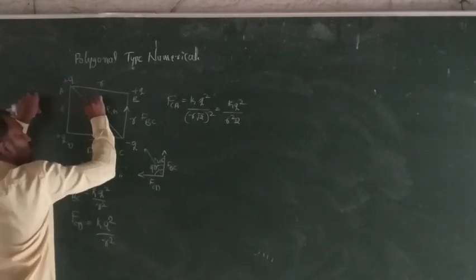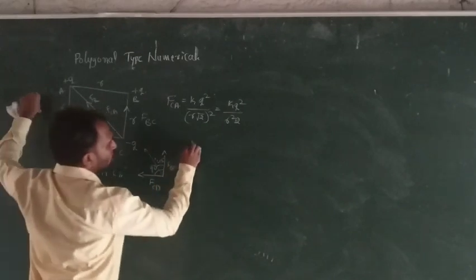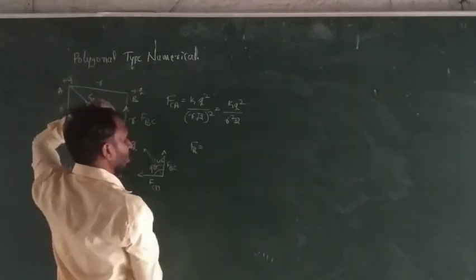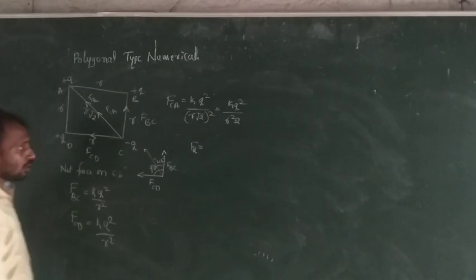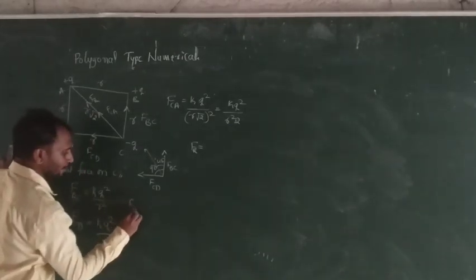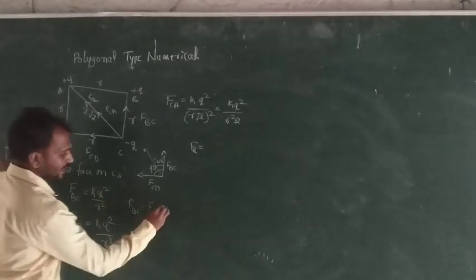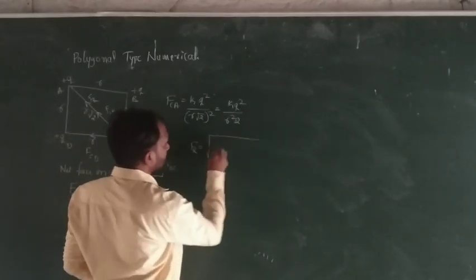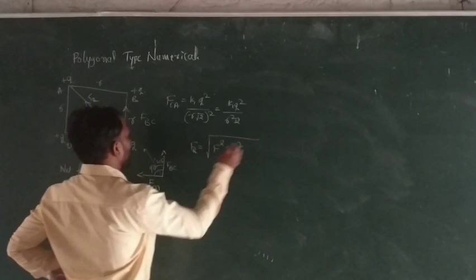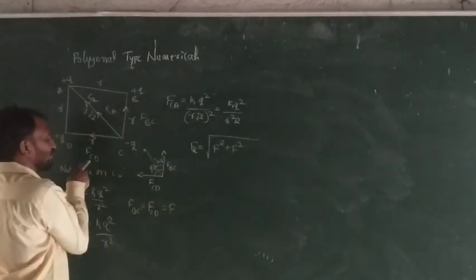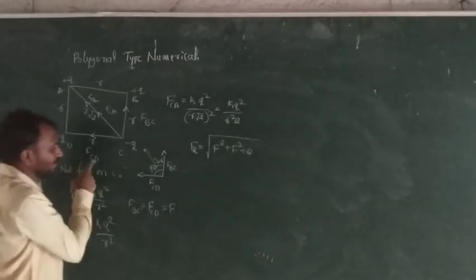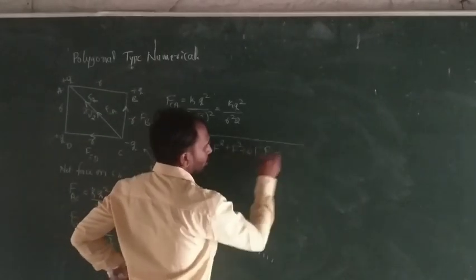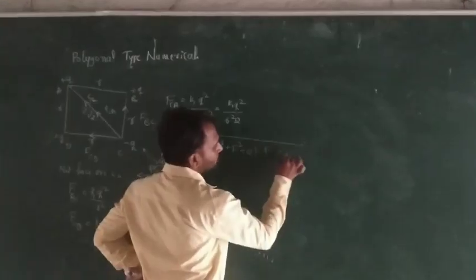First we consider the resultant force FR. FR is equal to, here also we use the parallelogram law. FBC and FCD both have the same magnitude, so FBC is equal to FCD is equal to F. So FR is the square root of F square plus F square plus 2 F into F cos theta.